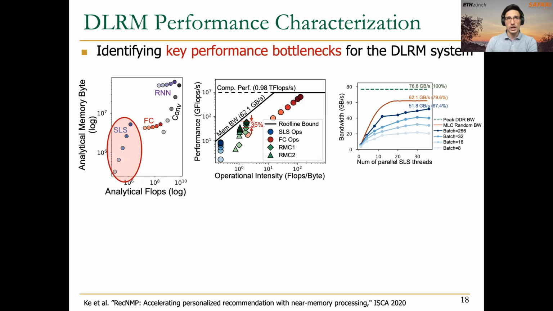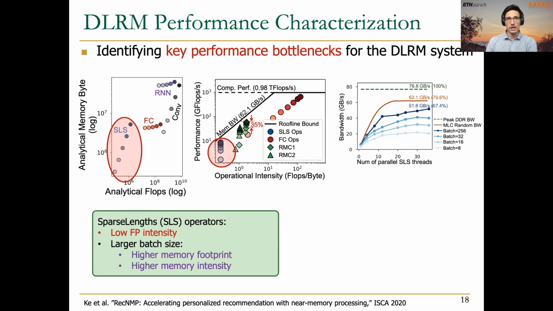As you can see in this figure on the left, as we increase the batch size, the analytical flops increase, and the analytical memory bytes also increase. But the operational intensity remains pretty low in all cases, regardless of the batch size. So these sparse length operators have low FLOP intensity, and for larger batch sizes they have higher memory footprint and higher memory intensity.